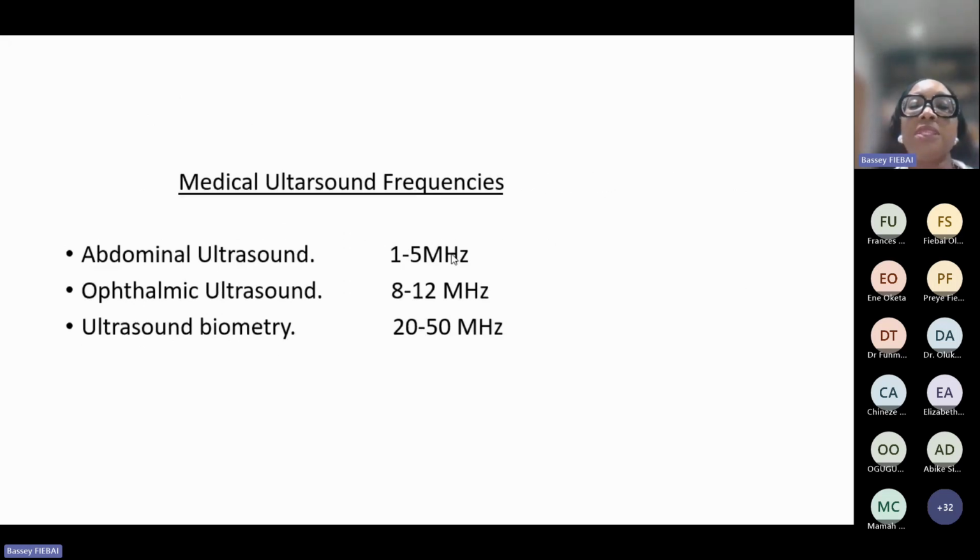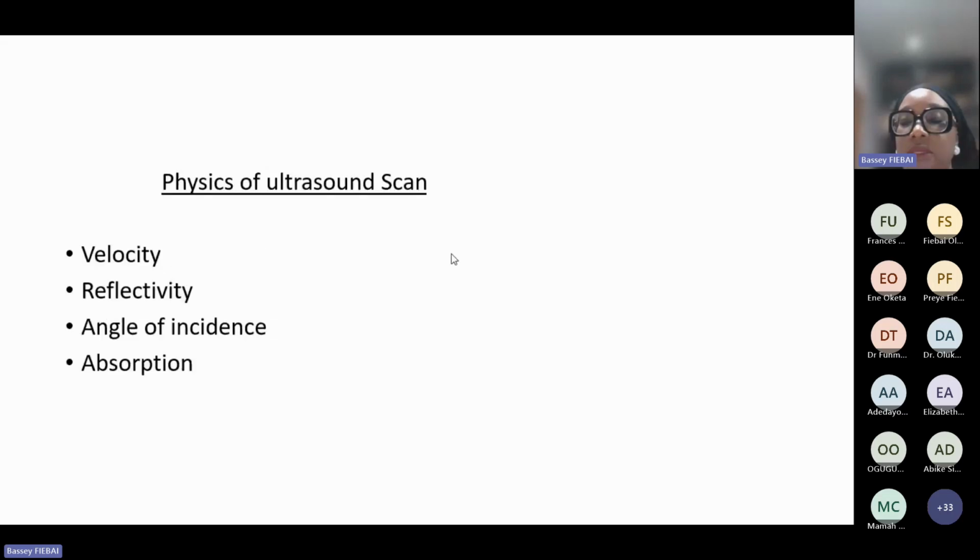For ophthalmic probes it is 8 to 12, and then for ultrasound biomicroscopy, 20 to 50 megahertz. That's the one that is used for the anterior chamber to be able to appreciate the anterior chamber structures very clearly. The resolution is extremely high, and it's taken over the use of immersion techniques.